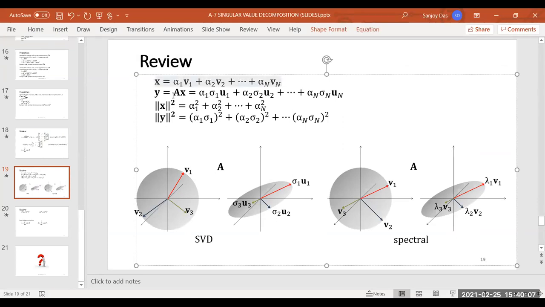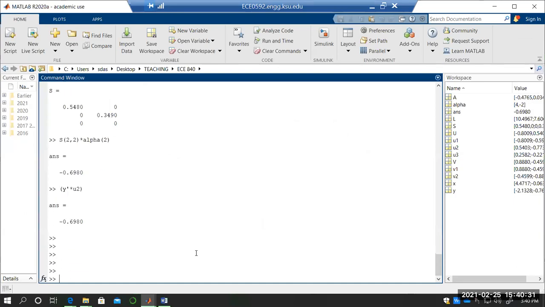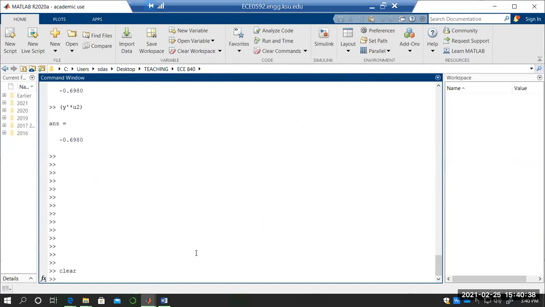So the components of y along u1, u2, and u3 were this, right? Y transpose u1 was alpha 1 sigma 1. Y transpose u2 was alpha 2 sigma 2. Right? That's what I wanted to demo. Now, one last thing. Are you guys completely clear with this? Yes. So now I wanted to show you this.